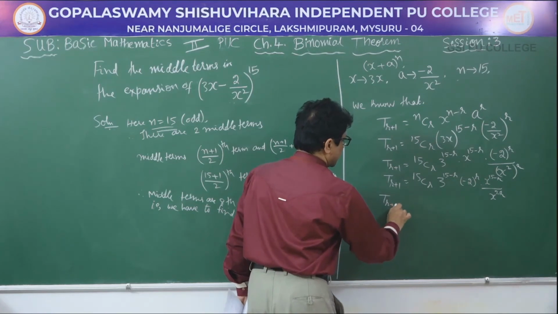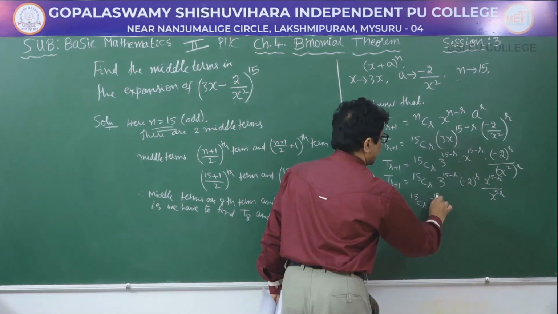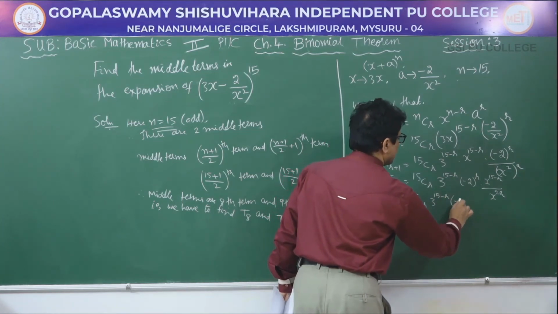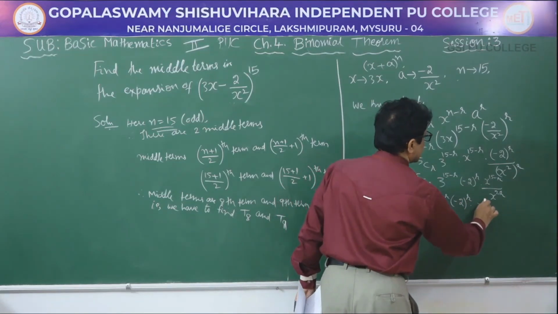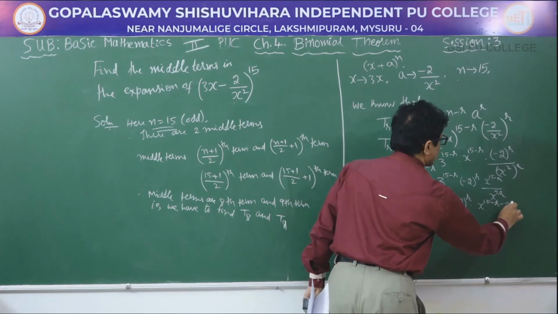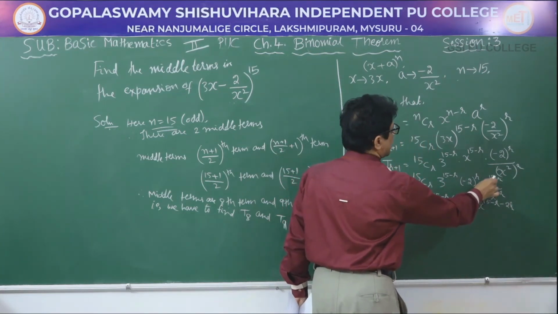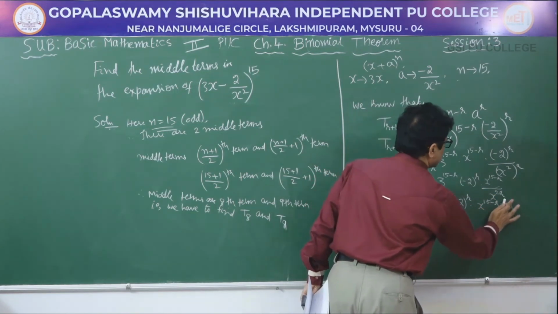So, T(r plus 1) is equal to 15Cr into 3 power 15 minus r into (minus 2) whole power r into x to the power of 15 minus r minus 2r. I have used the formula a power m by a power n is a power m minus n.